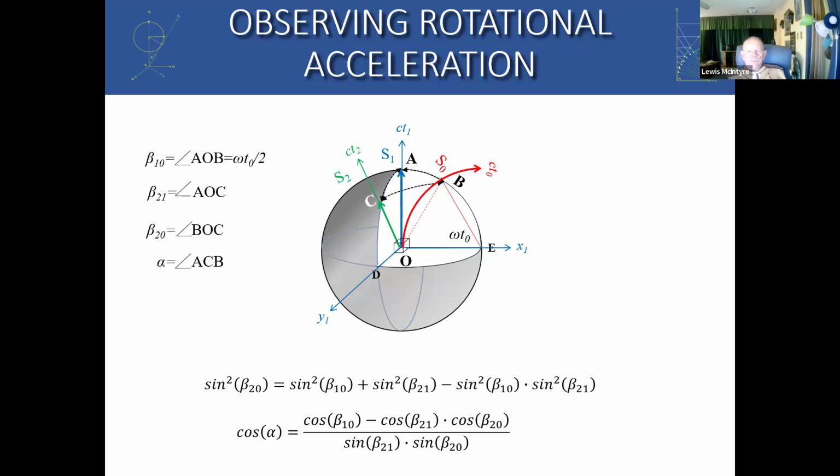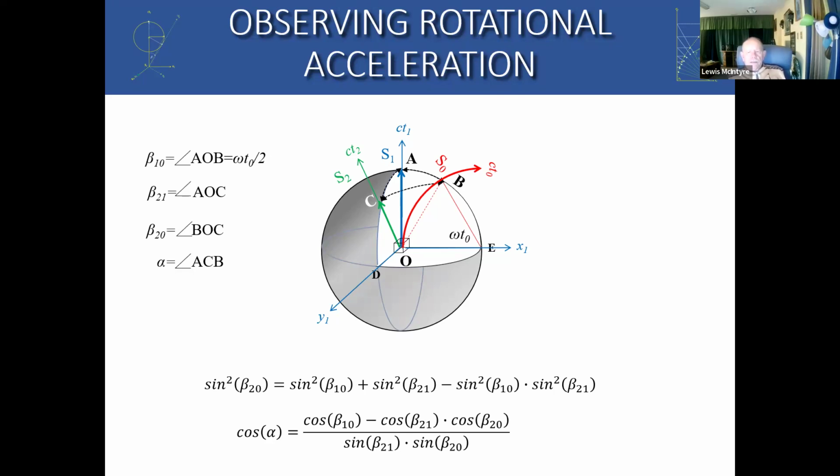S1 in blue is the reference frame from which velocity in the x and y directions are measured. S1's timeline emerges from the sphere of proper time at A. S0 is the accelerating body in red, whose timeline is following the circular trajectory emerging from the sphere at B. S1 will observe S0 accelerating linearly in the x direction, following the hyperbolic trajectory in x over time we have just demonstrated.